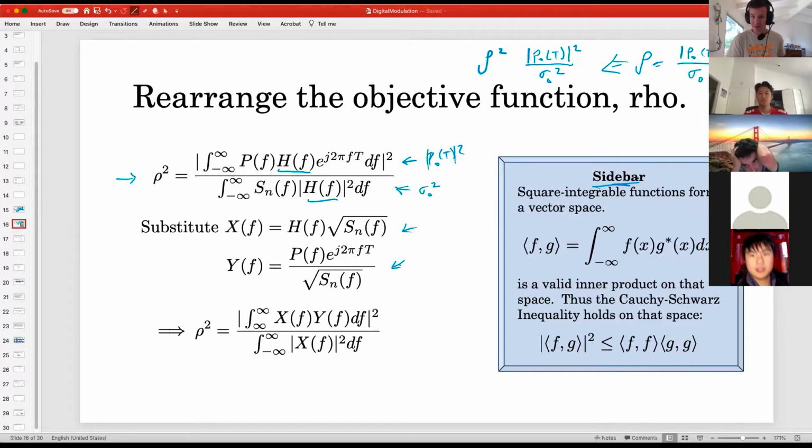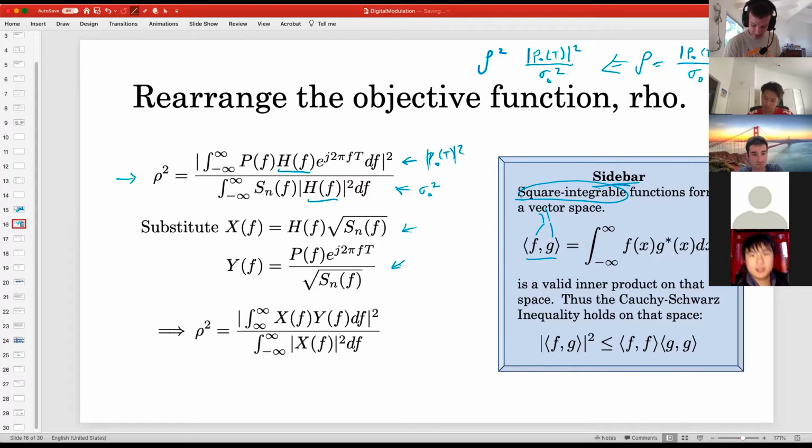We can define a similar notion, and we're going to call it an inner product, between two functions. These are both going to be square integrable functions, which just means that the integral of their square is a finite value. I can define their inner product this way: take the first function, multiply by the conjugate of the second function, and integrate over all of its argument, either time or frequency, whatever.